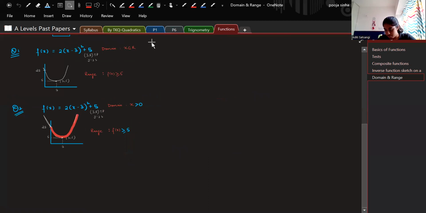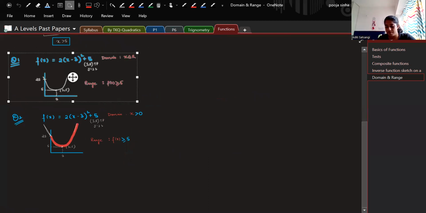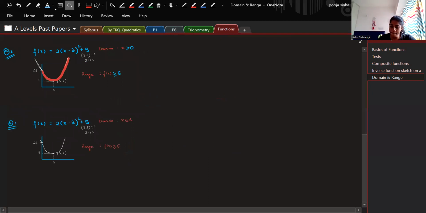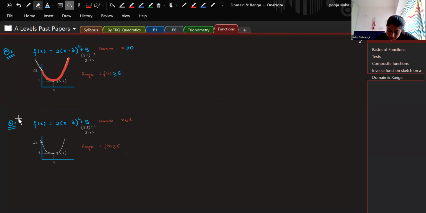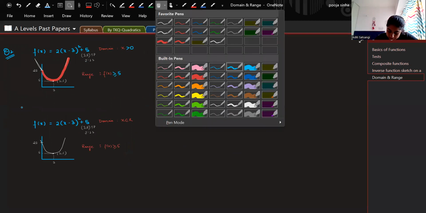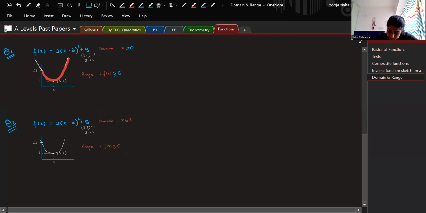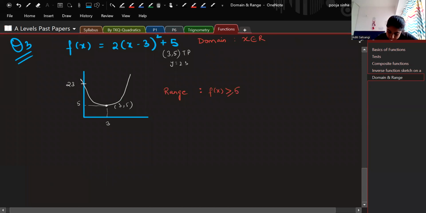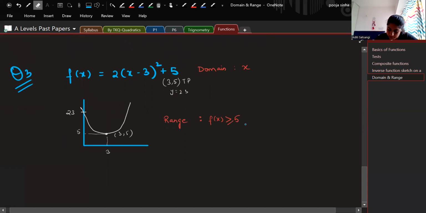One more variation. Now in this question, the question is f(x) equal to 2x minus, same question, no change.